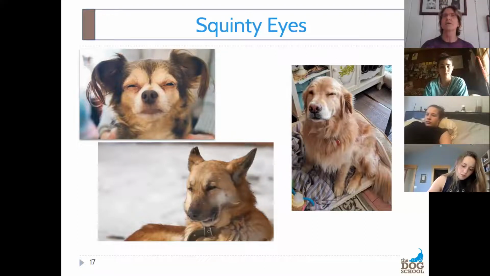I don't want any confrontations. You could consider it a deferential behavior, but it's also a very soft behavior. Mostly we talked about soft eyes as being open and round, but when dogs do squinty eyes, they're attempting to make a soft facial expression and let the other dog know that they mean no harm.